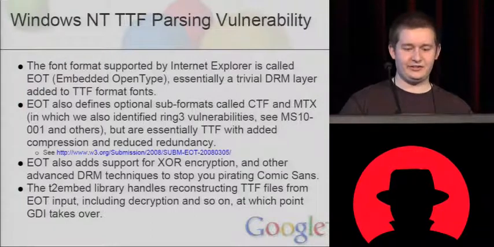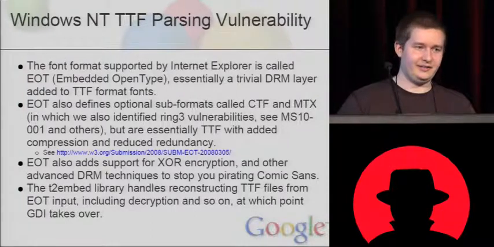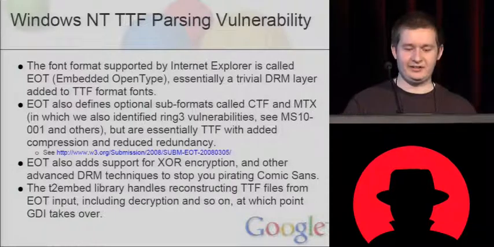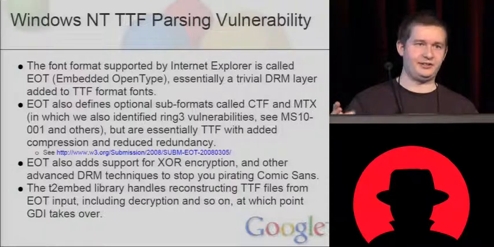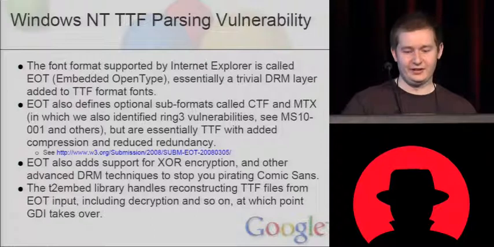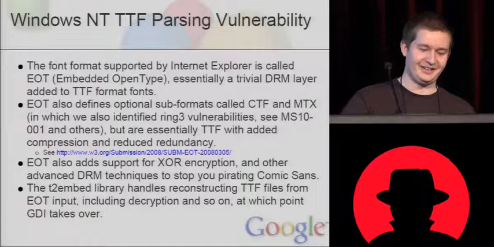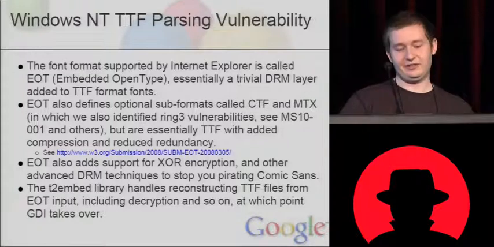The XOR encryption is really silly. If the flag is set that says this is encrypted, it basically just XORs the entire data stream with the fixed byte 0x50. So it's not particularly challenging to decrypt that. There's also another DRM technique called root strings.